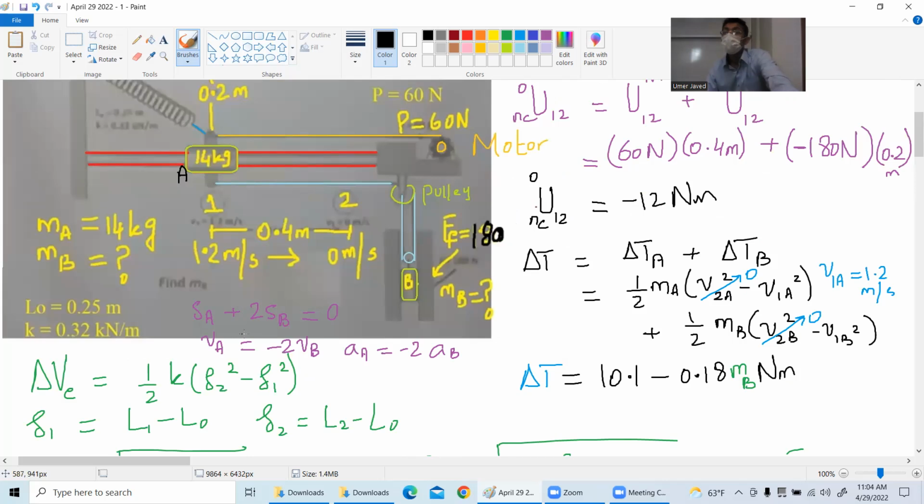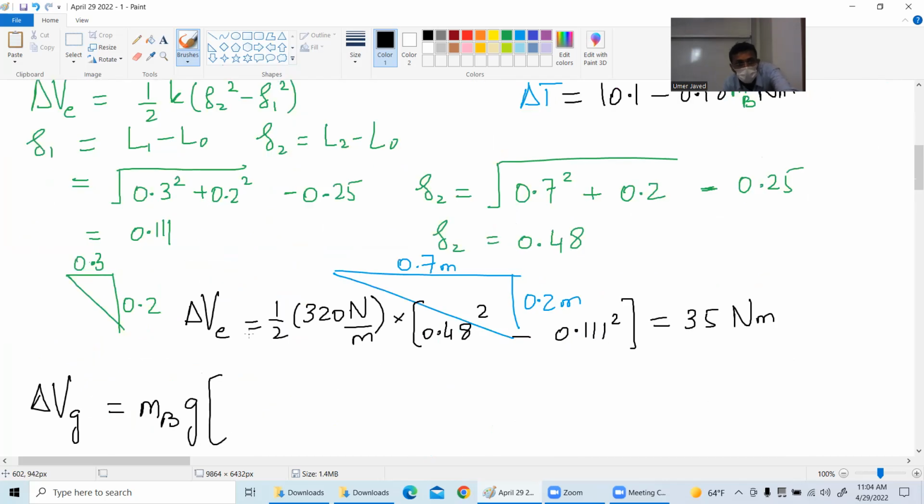Now, there is just one trick that you have to remember, that the counterbalance, when the collar goes towards right, the balance goes downwards, right? So the change in potential energy is actually in the negative. So that's the only trick, that when you are writing here, you have to put a negative.